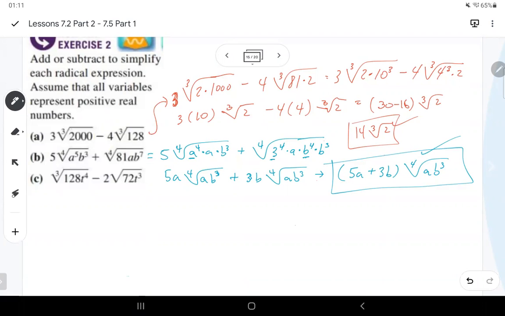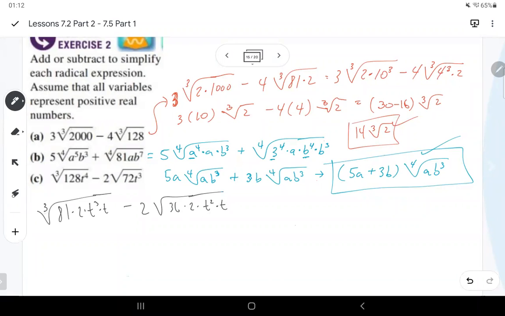Okay, and the last one would be the cubed root of 128, and that's going to be 81 again, times 2, and that'll be times t cubed times t minus 2 square root of 36 times 2 times t squared times 2.